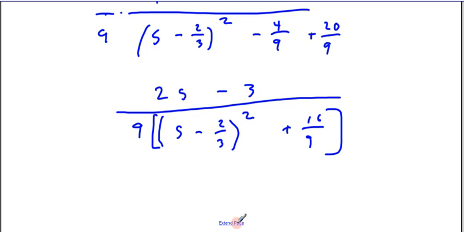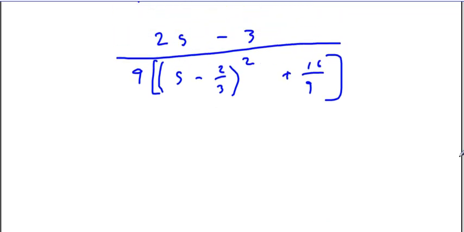So I'm going to rewrite this as s minus 2 over 3 plus 2 over 3 minus 5 over 3, because I have an s minus 2 over 3 on the bottom.